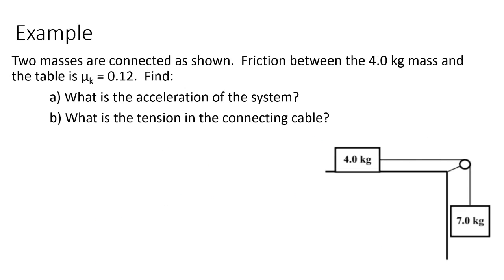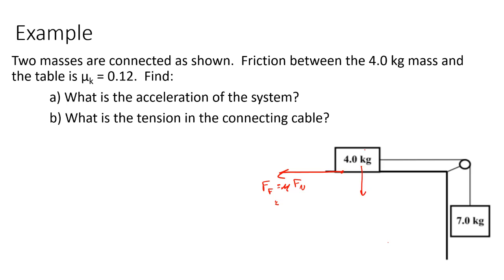Okay, one final example is where we have two blocks that are connected. One block is hanging. If we have this type of question, friction between the 4 kilogram mass and the table is 0.12. So the first thing I'm going to do is just draw my friction on here, which is mu times normal force.